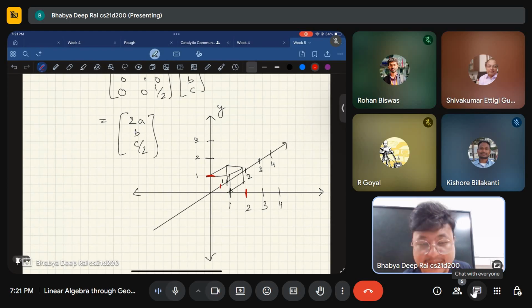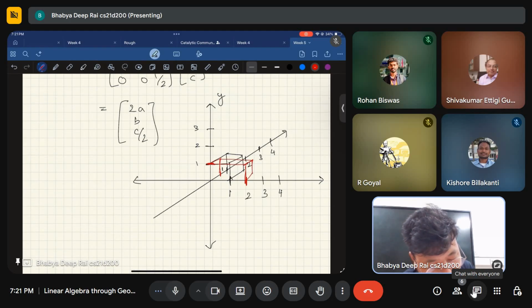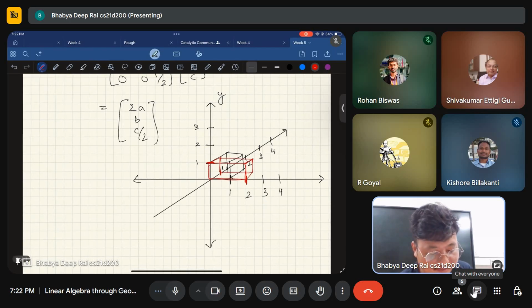The transformation is linear, so it's the same for everyone, and this is sort of what the new cube looks like. Observe that this part is made shorter and this part is made longer, hence the volume is the same.